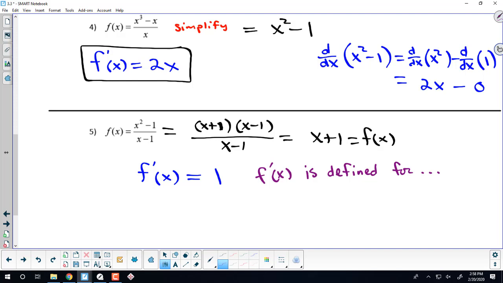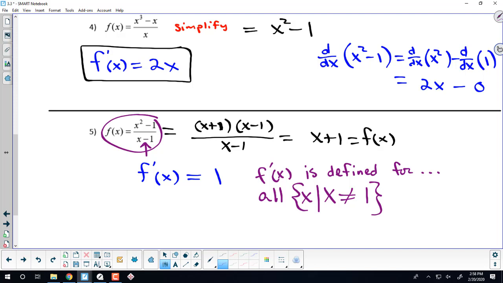Except 1, right? It doesn't make sense to say the derivative of this function is always 1, because this function right here doesn't exist at x equal to 1. Remember, the derivative is connected to the original function. It's derived from the original function. The original function's not defined at 1, so the derivative is not defined at 1. All x such that x is not 1.